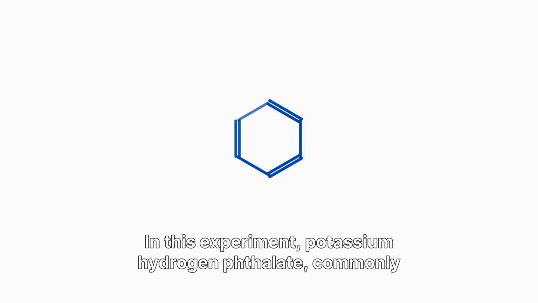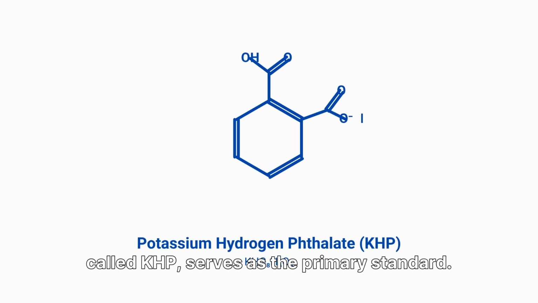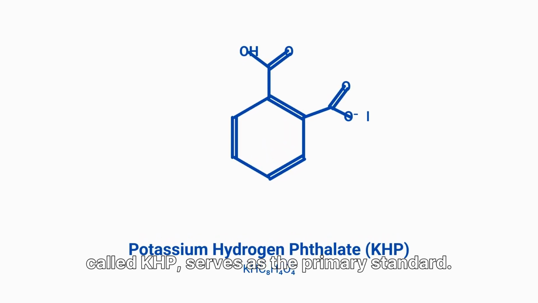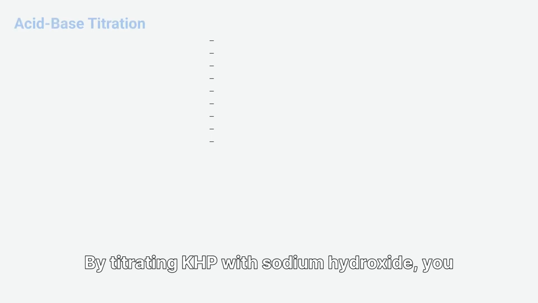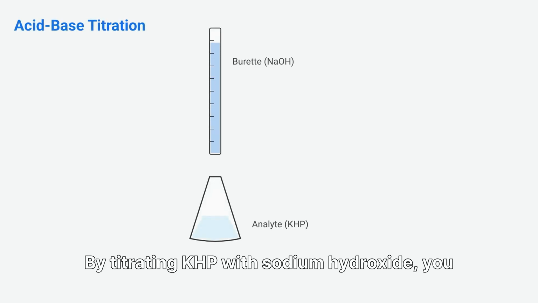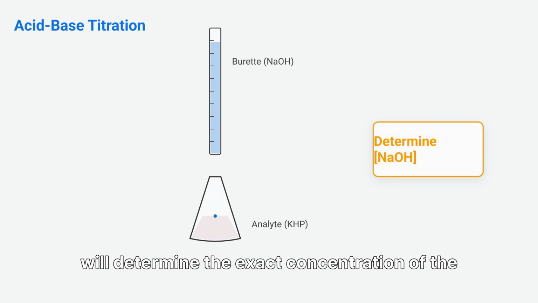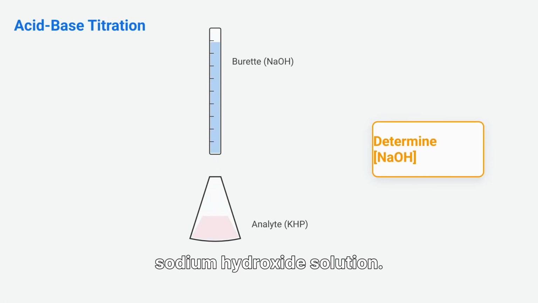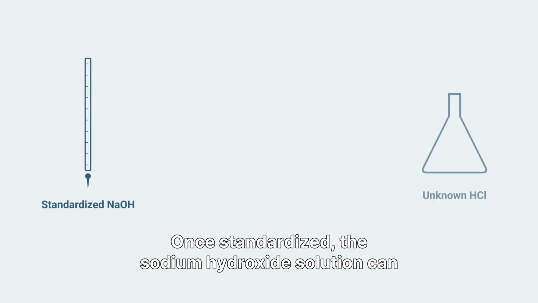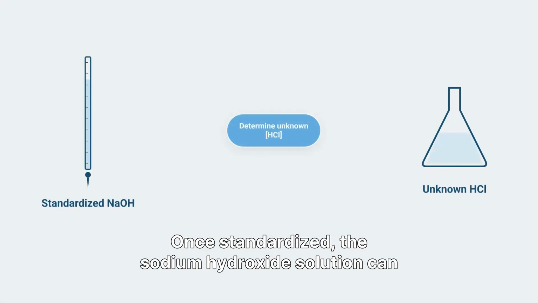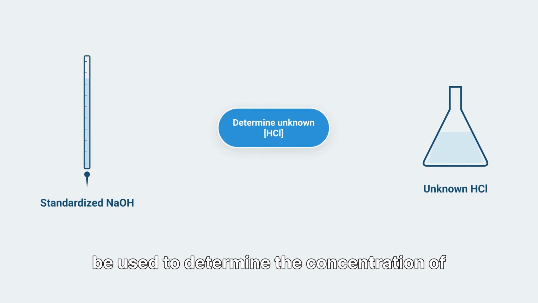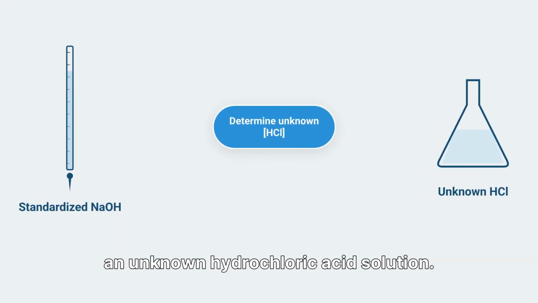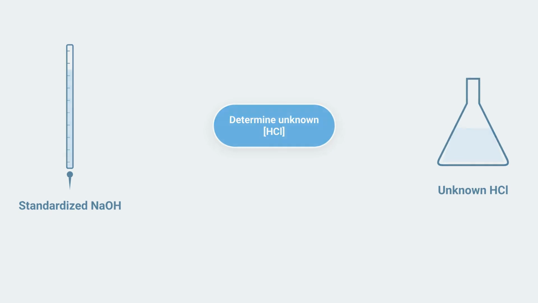In this experiment, potassium hydrogen phthalate, commonly called KHP, serves as the primary standard. By titrating KHP with sodium hydroxide, you will determine the exact concentration of the sodium hydroxide solution. Once standardized, the sodium hydroxide solution can be used to determine the concentration of an unknown hydrochloric acid solution.